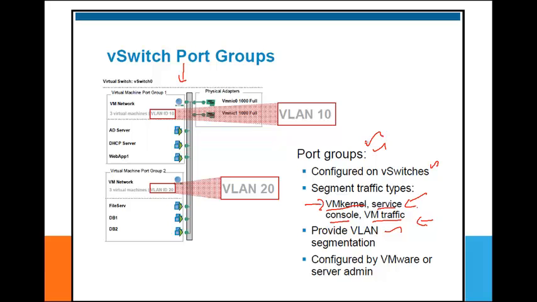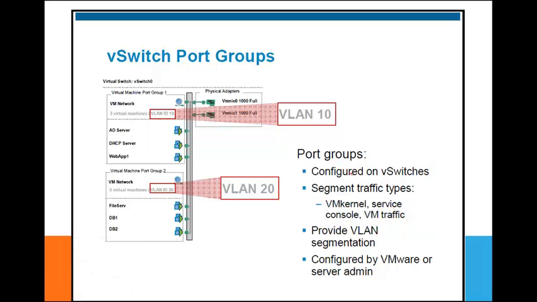If Nexus 1000 or Cisco didn't interfere in this, it would be a big burden for the VMware or system admin to do this. They don't understand these things much, like what a VLAN is, how to keep them separate, why we need to, or what traffic engineering is. They don't know much, unlike a network engineer, so it would have been a big burden.